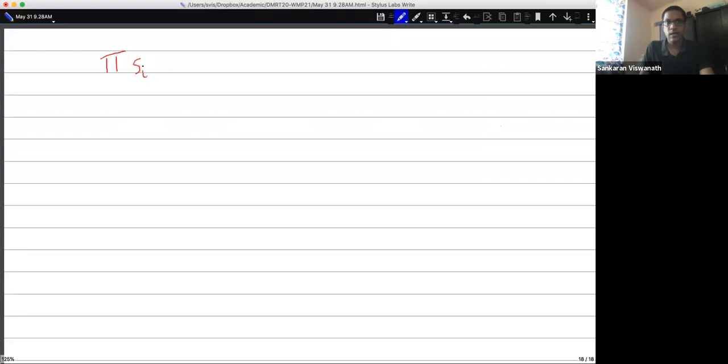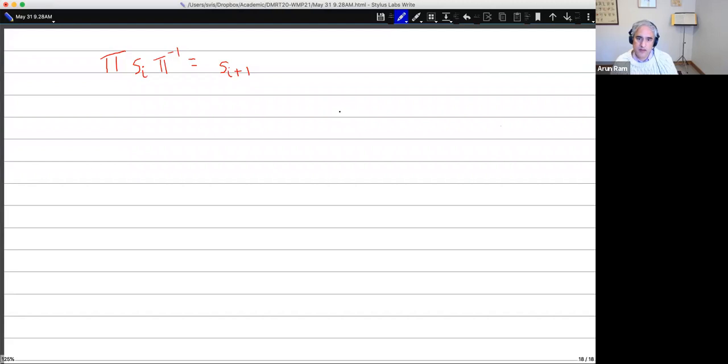See, pi S_I pi inverse is S_(I+1), right? So you sort of think of these also as being part of your braid relations. So maybe Arun can say, is it true that any two reduced expressions in the extended affine Weyl group are related by these braid relations? Yes, yes. These are exactly the additional relations to add.